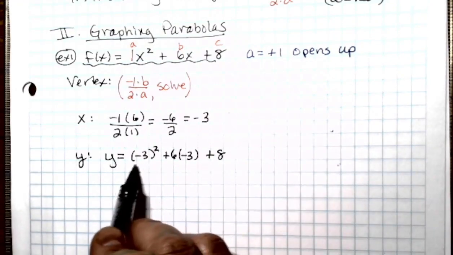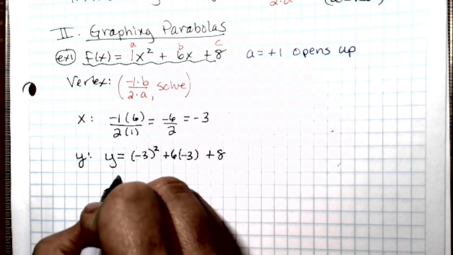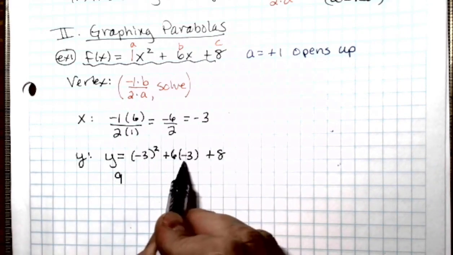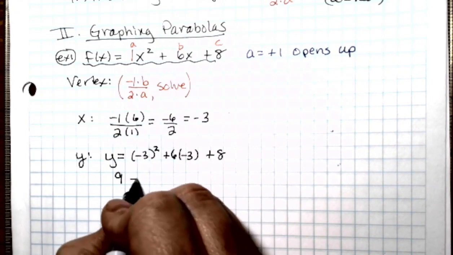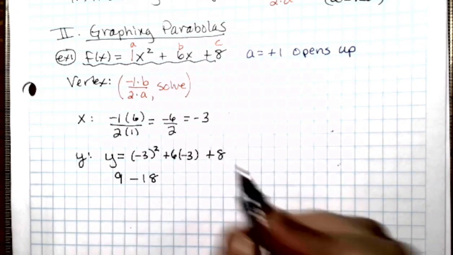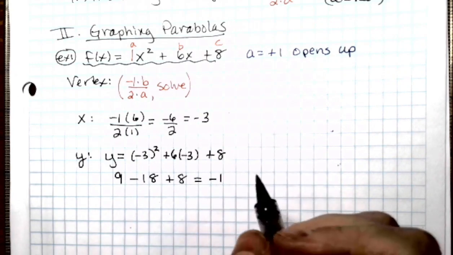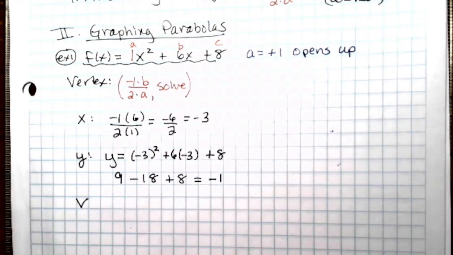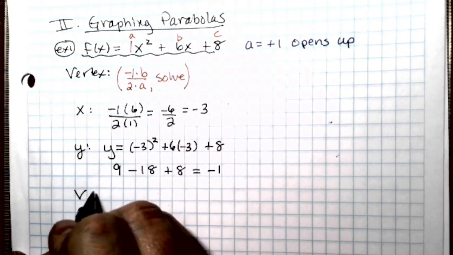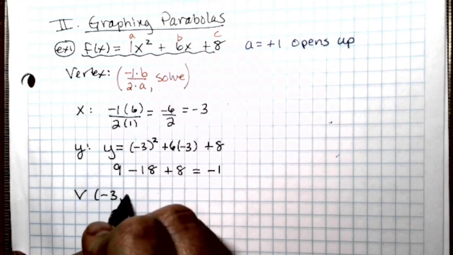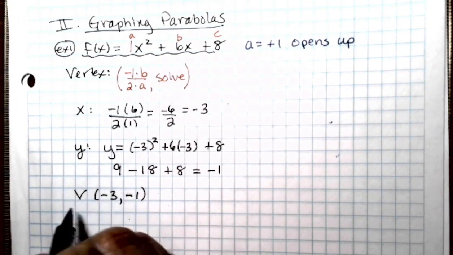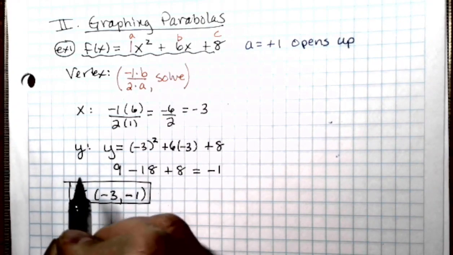So do the exponent first. -3 times -3 is 9. Now multiply. 6 times -3 is -18 plus 8. And last you add them together and you get a -1. So we designate the vertex with a V, and it is -3 for the x, -1 for the y.